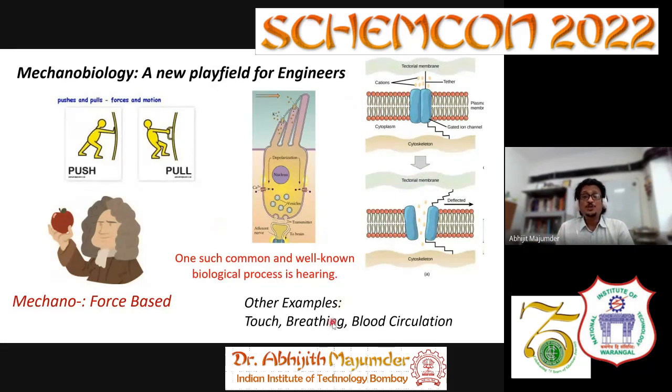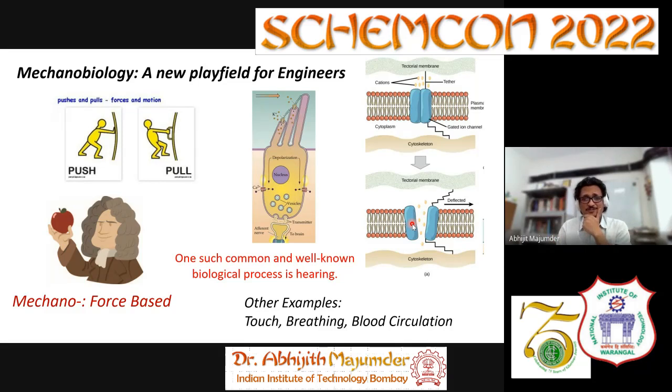In fact, to live, if we can't breathe, we can't live. So all these examples are mostly the force from outside applying on our body, or to be very specific, on the cells.